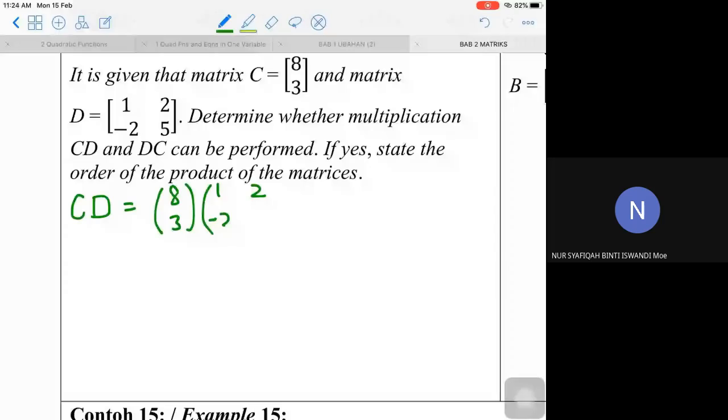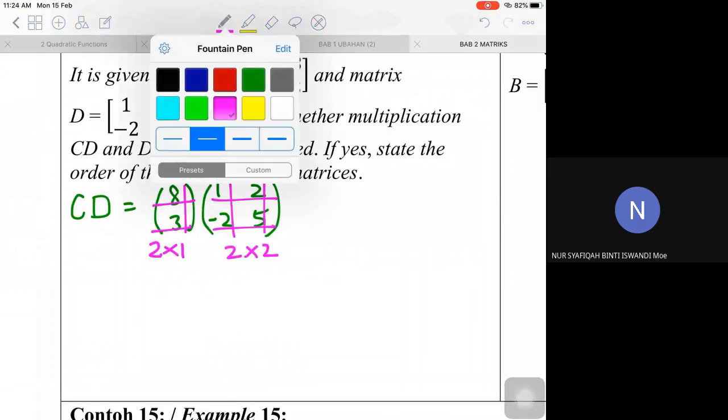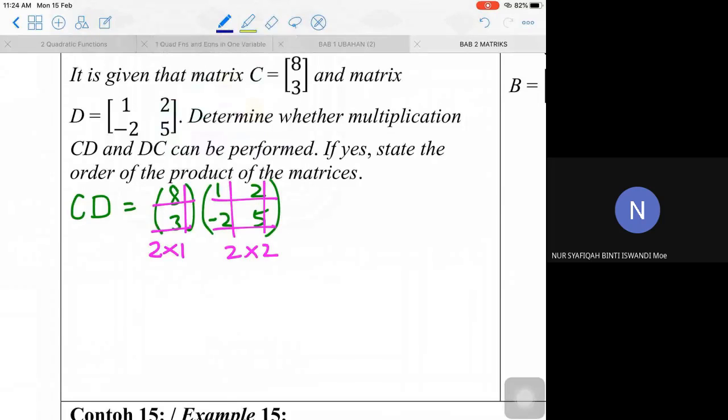The order of the matrix C is 2 rows, 1 column, so 2 times 1. And then we look at the second matrix, D. How many rows? 2 rows, 2 columns. If we look at this example CD, the column of the first matrix should be the same as the row of the second matrix, right?